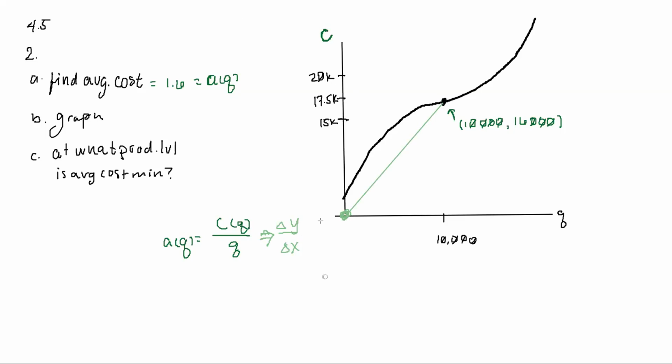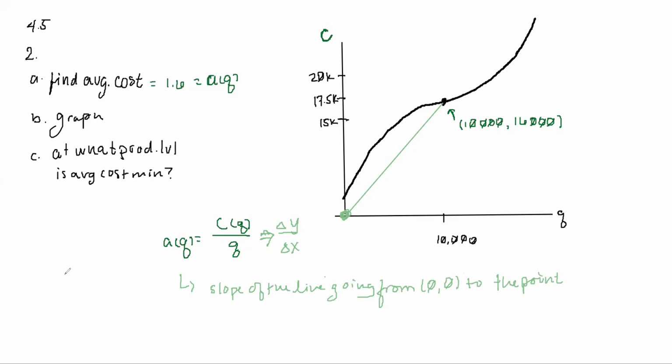So we just said that our average cost is the slope of the line going from 0, 0 to the point.